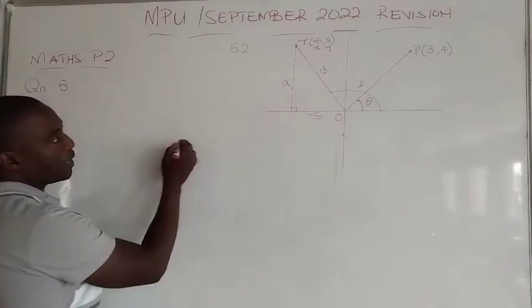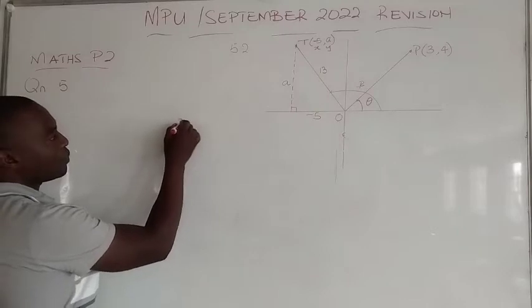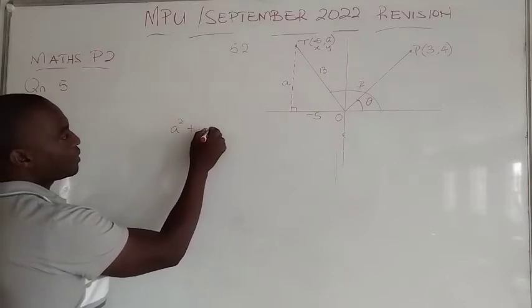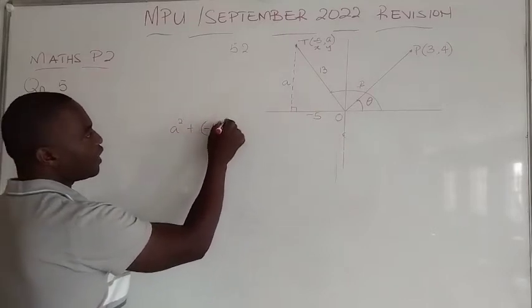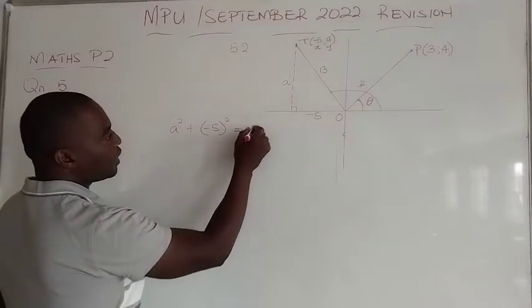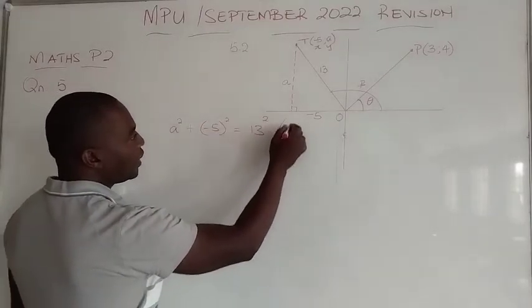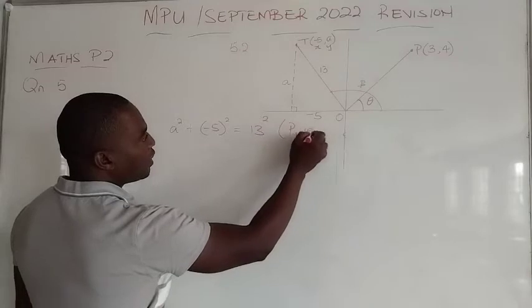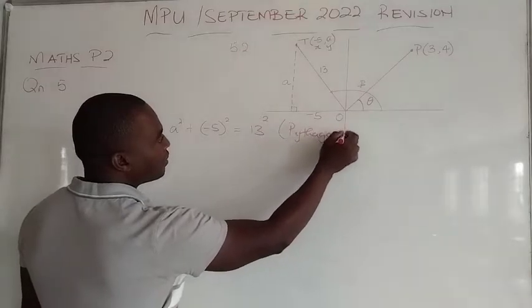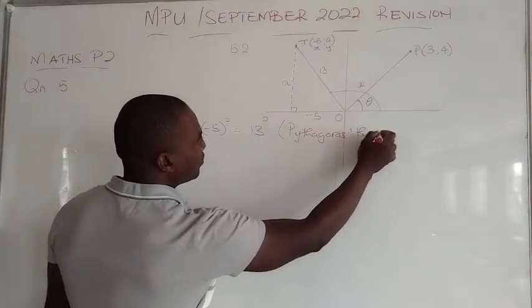So we are saying A squared plus negative 5 squared should give us 13 squared, and that is Pythagoras theorem.